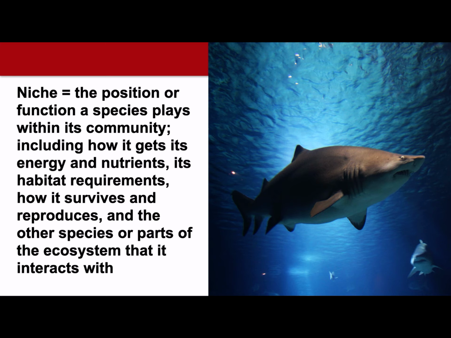This shark and the fish it eats will occupy different parts of the water column as a survival strategy. For example, maybe this shark lives most of the time near the water surface looking for prey, whereas the prey fish spends most of their lives hiding at depth to avoid the shark.